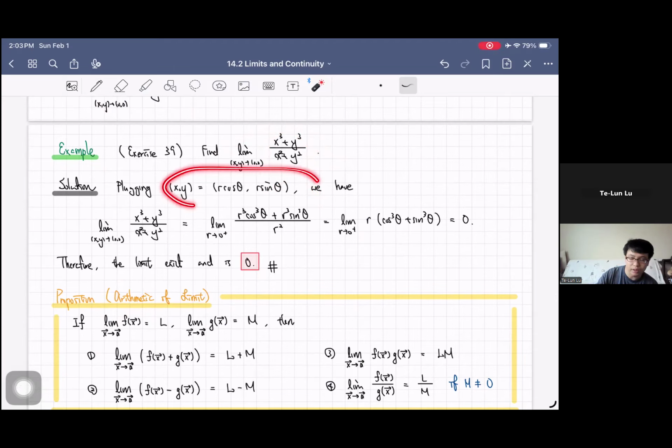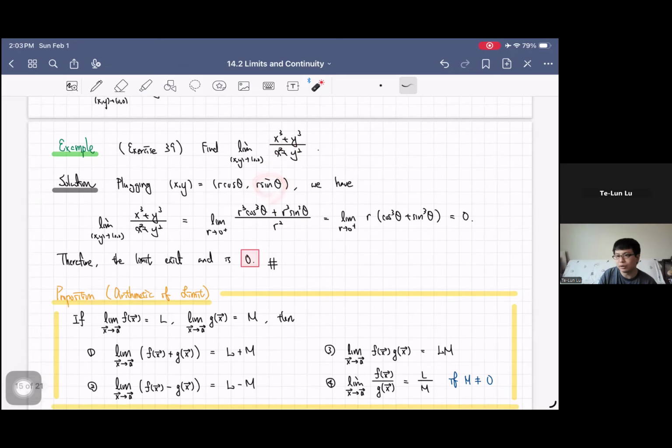If we set x and y to be r cosine theta and r sine theta, then the numerator is simply r cubed cosine cubed theta plus r cubed sine cubed theta. However, the denominator is r squared cosine squared theta plus r squared sine squared theta, which is just r squared, right? That's kind of a definition of the radius. So you get this kind of notation, and then divided by r, you get r times (cosine cubed theta plus sine cubed theta). But it does not depend on theta; this is always 0 when r goes to 0, right?